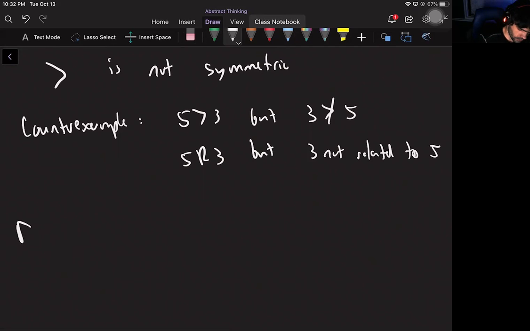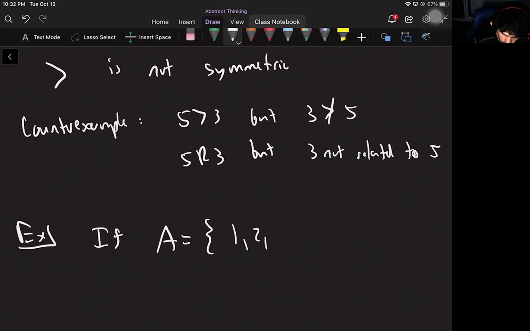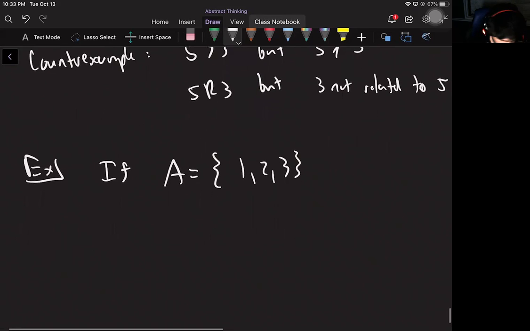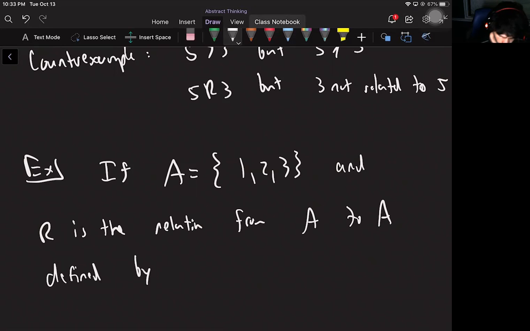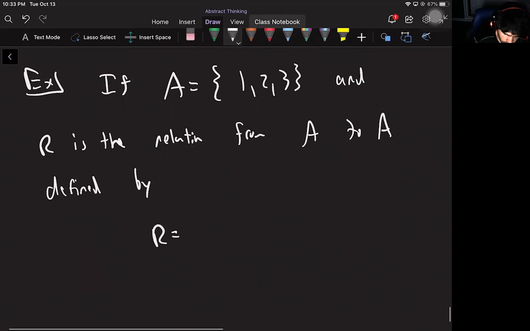Okay, so now we'll do a more contrived example, but it helps us see what's going on a little bit better. In this example, I'm just going to create a relation from a set. So here's a set A, 1, 2, 3. And R is the relation from A to A. I'm just going to define my own relation, not use something like equals or greater than.